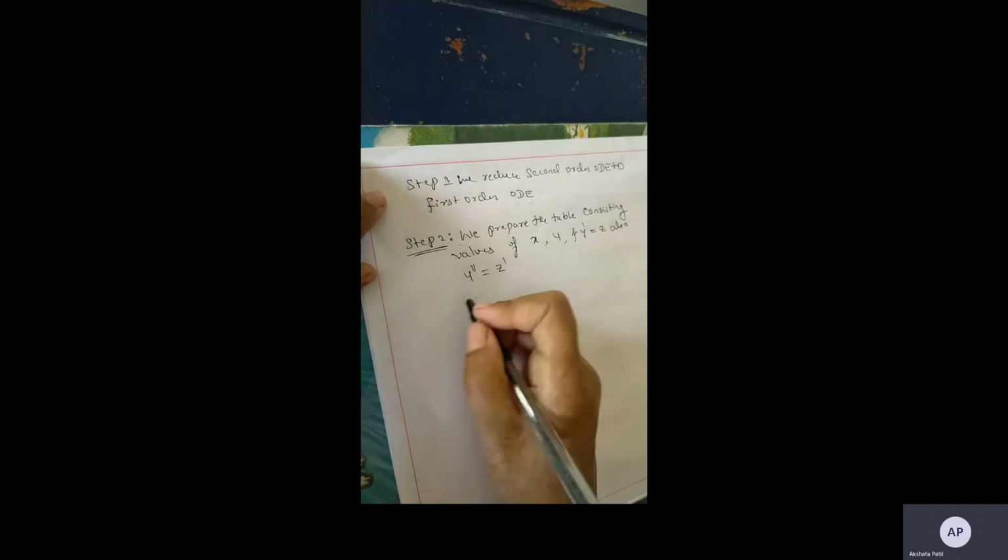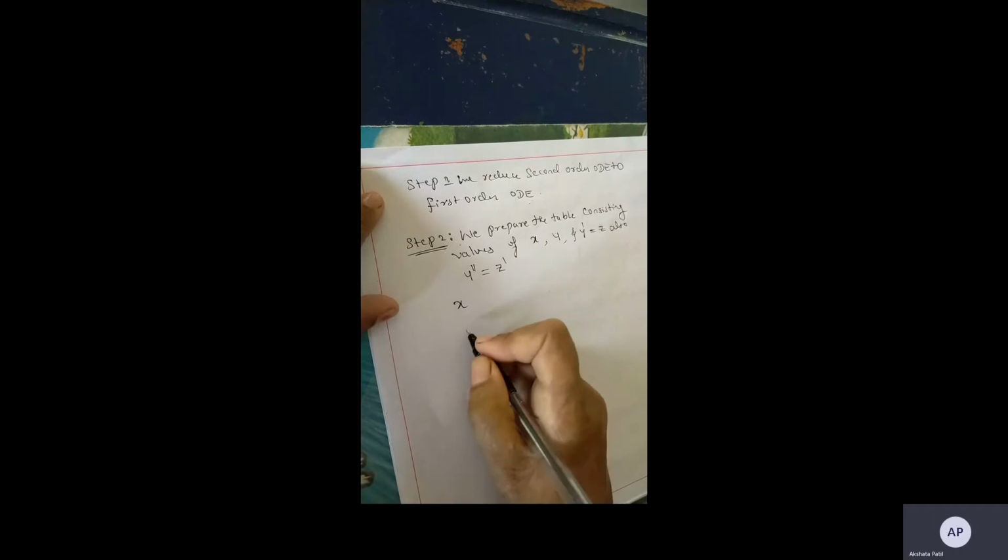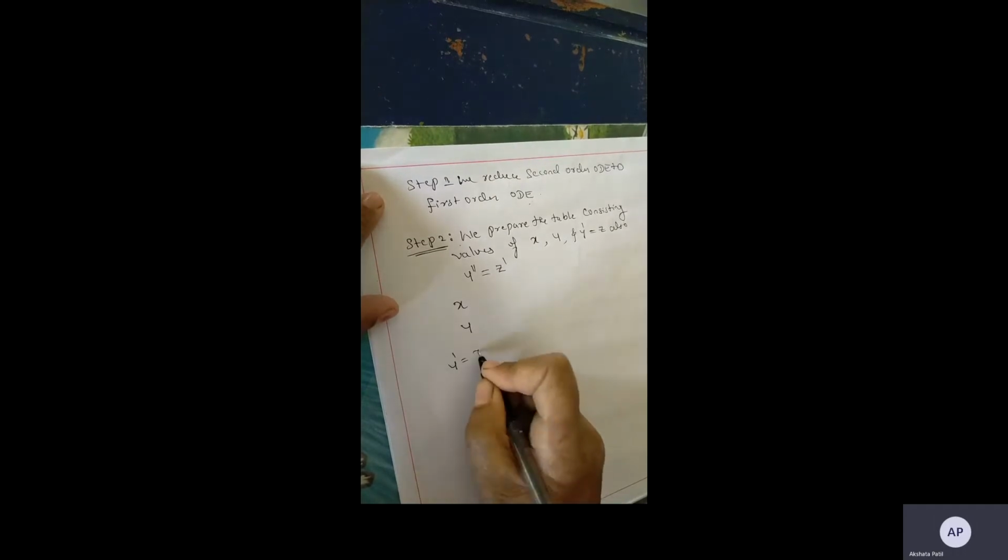The table has x, y, y dash equals z, and y double dash equals z dash.